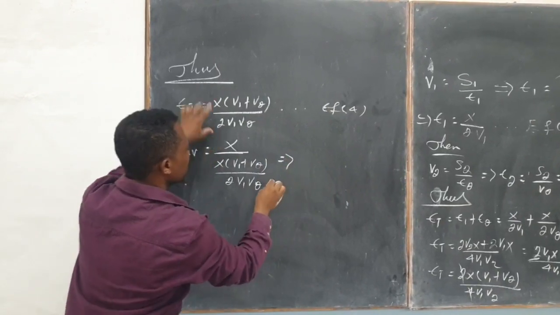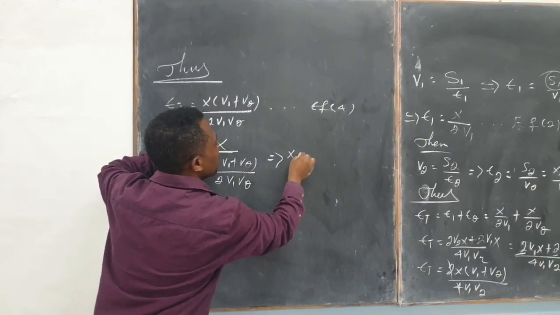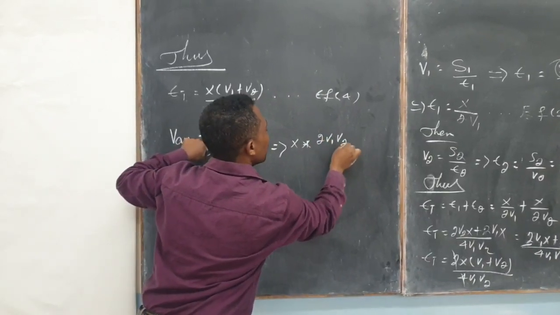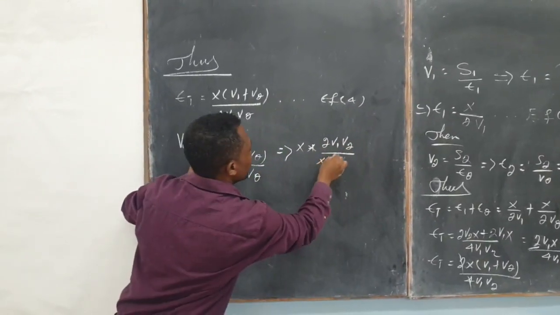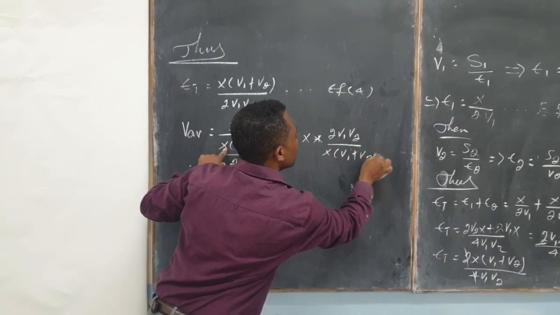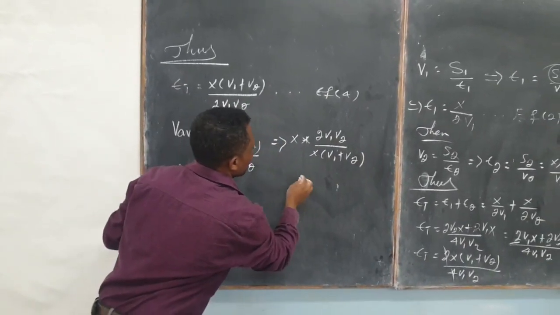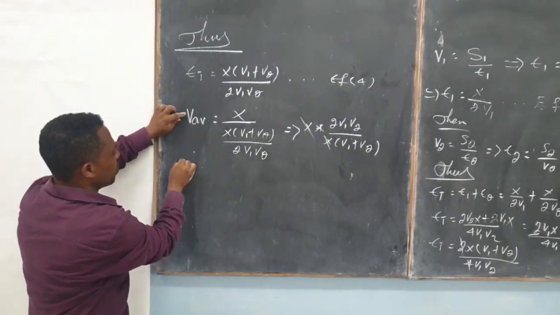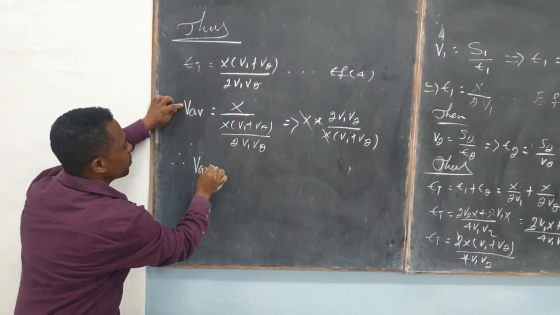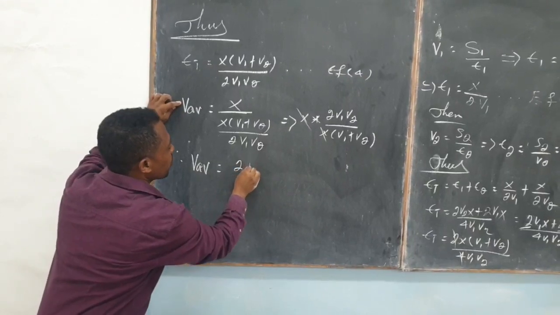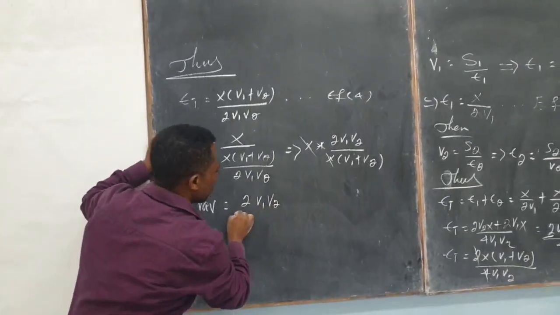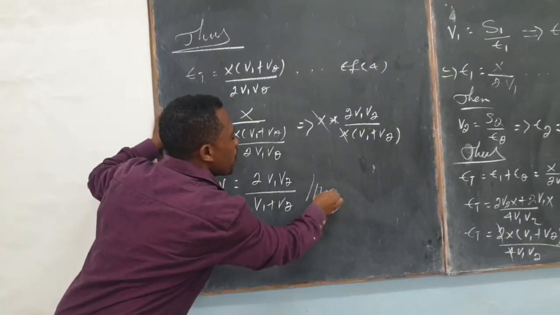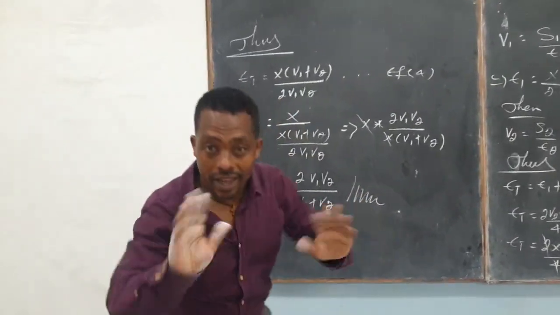This implies x times twice v1v2 over x into v1 plus v2. Just eliminate x by x. Therefore, the average speed becomes twice v1v2 over v1 plus v2. We did it.